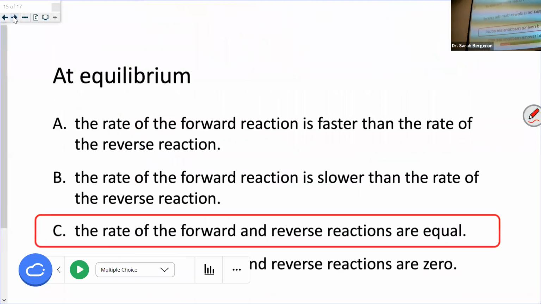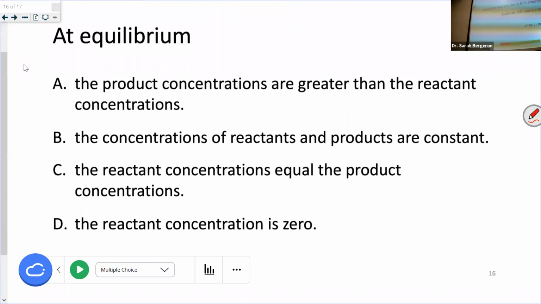Now, what about the concentration of the products and the reactants?